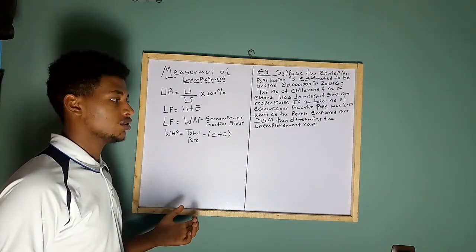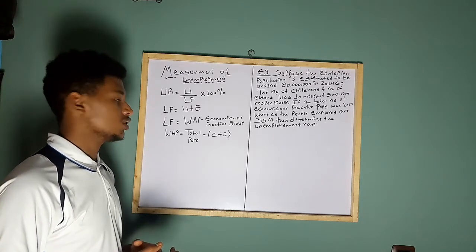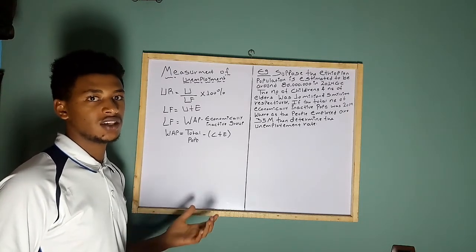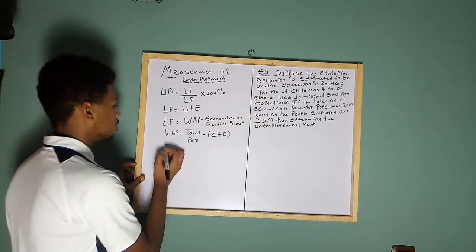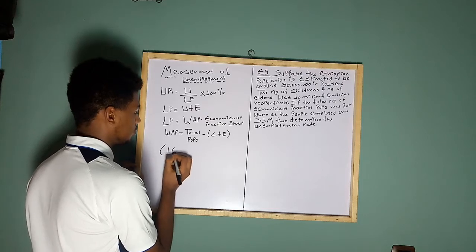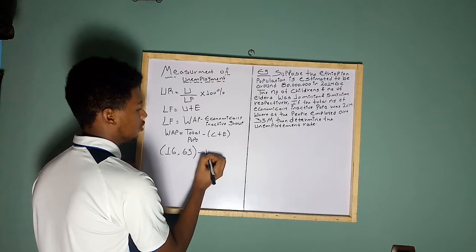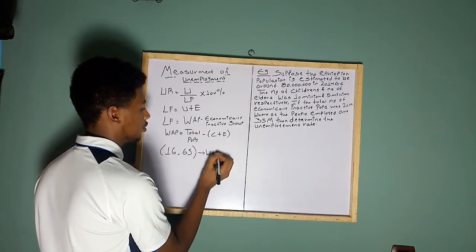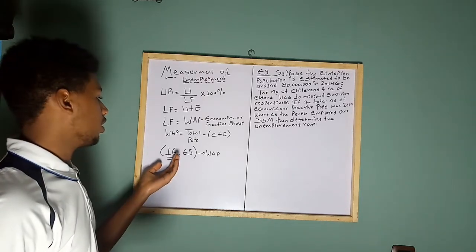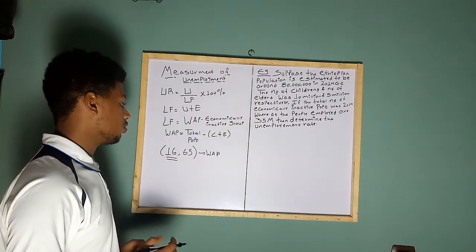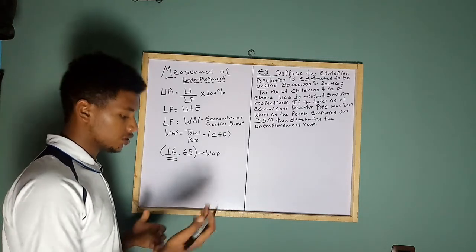Some countries may take from age 16 up to 65. Some countries may take from age 18 up to 65. Now we are going to use 16 up to 65. Well, people under the age of 16 are said to be children, and people above 65 are said to be elders.